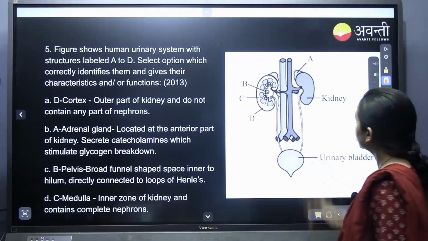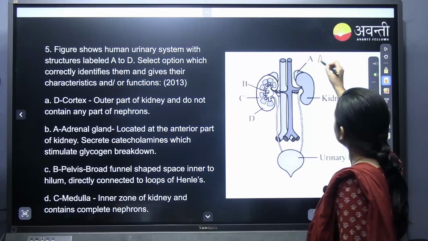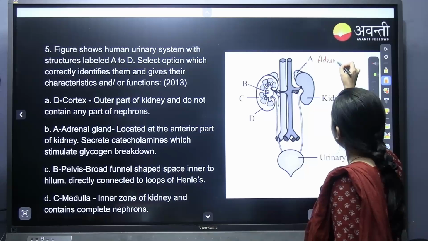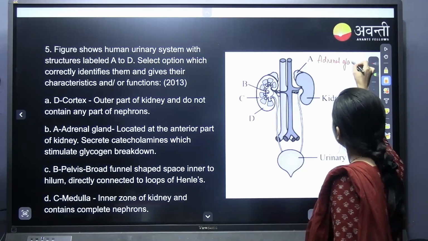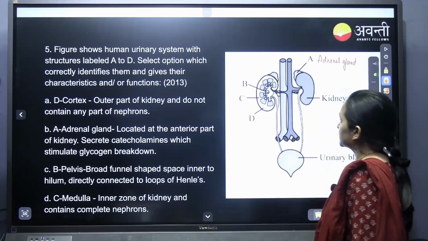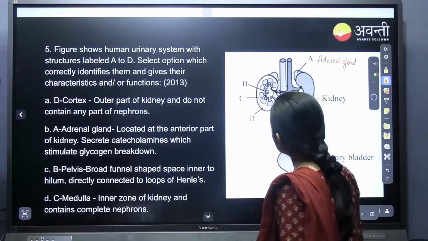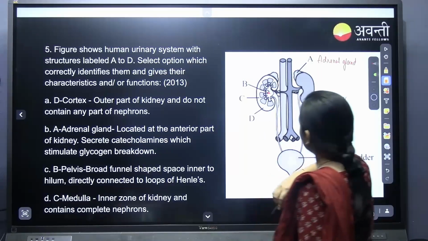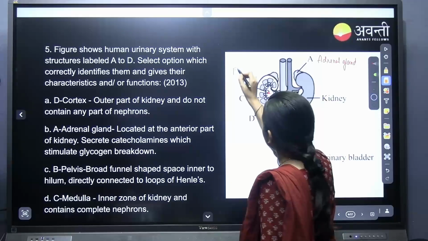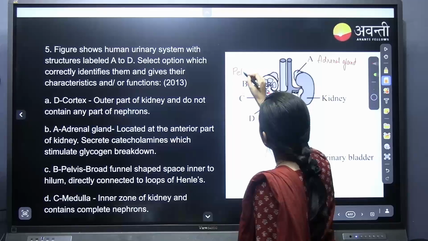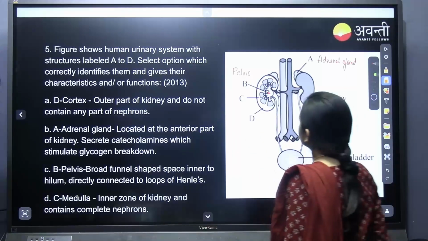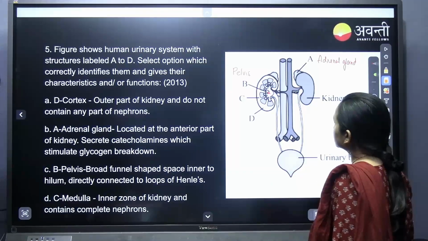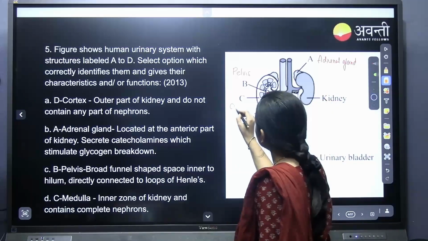What is A? A is adrenal gland. What is B? Here, this position they are asking. B is pelvis. What is C? C is cortex.